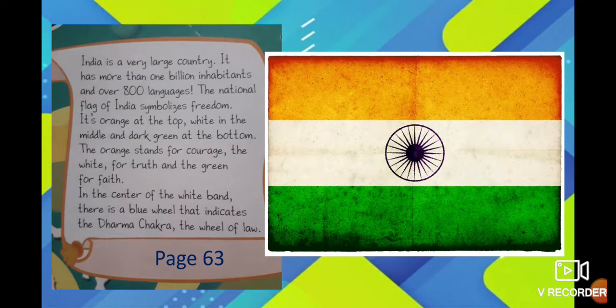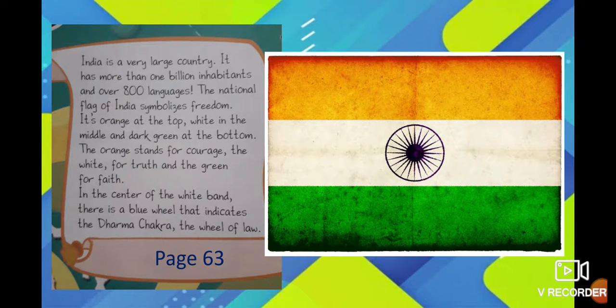The national flag of India symbolizes freedom. Okay, what is the meaning of the Indian flag? Freedom. It's orange at the top, white in the middle, and dark green at the bottom. The orange stands for courage, the white for truth, and the green for faith.